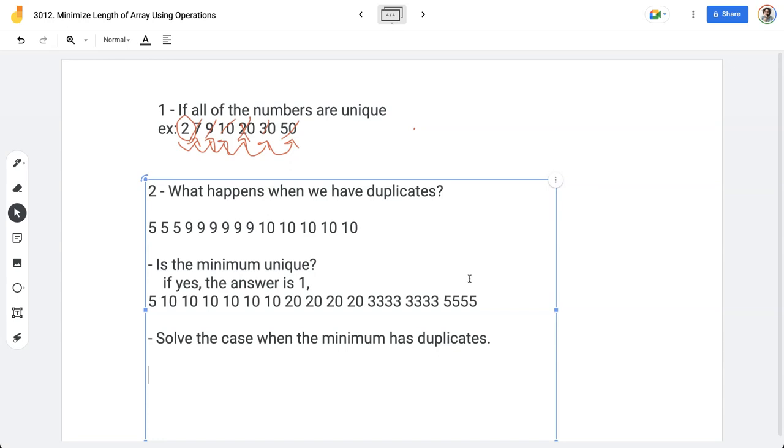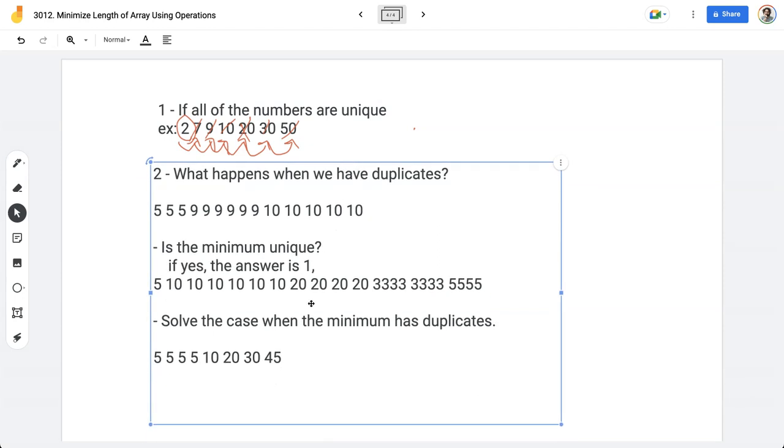And this could be the example, like 5, 5, 5, and I have a few other numbers, 10, 20, 30, 45. Here I tried for a few seconds to see if I can generate a number that is less than 5. So this actually becomes 2 cases.